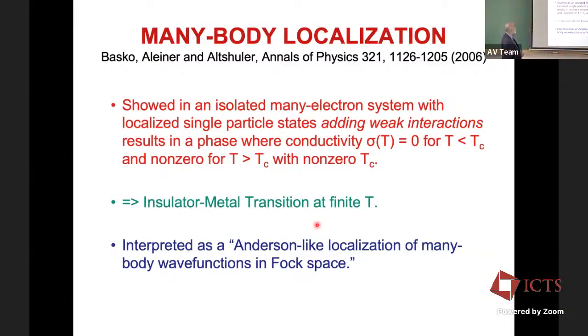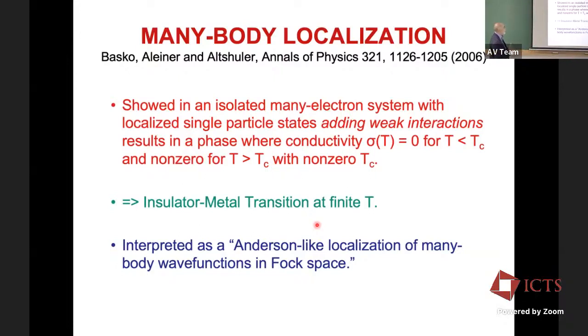Okay, so what did Basko, Aleiner, and Altshuler show? If you have an isolated many electron system, so these are electrons, a purely electronic problem, with no phonons that they couple to, with localized single particle states, so you're starting off with very large disorder, but allowing interactions in the Anderson Hamiltonian, if you will.